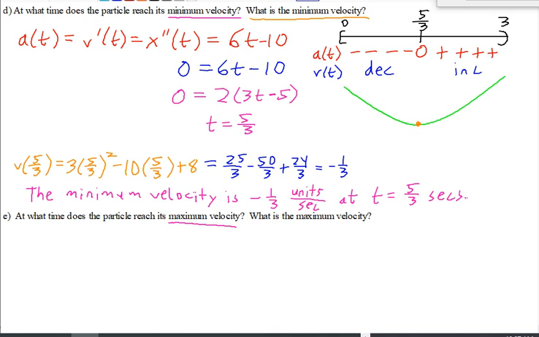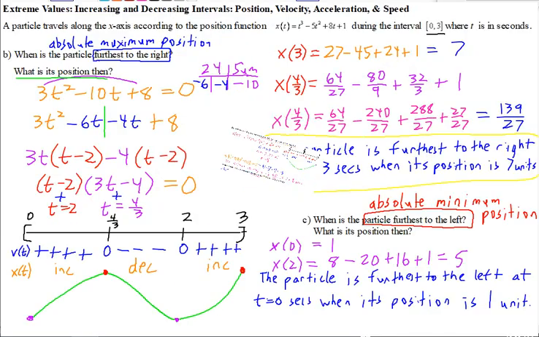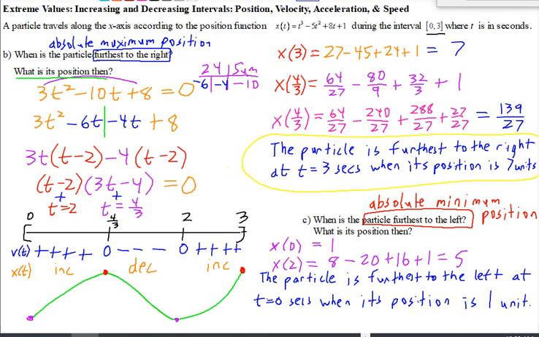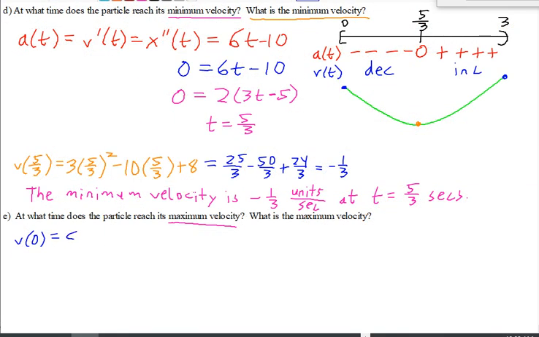And then for the maximum velocity, if we go back to our picture here, we can see there's two possible places it could be. It could either be at 0 or at 3. So if you find v of 0, well, notice that's going to wipe out everything on our velocity function except for the 8. That would just be 8.